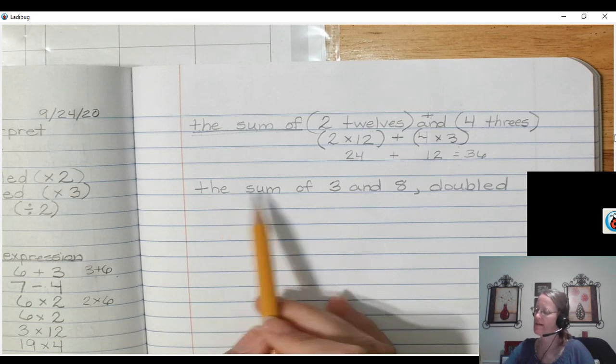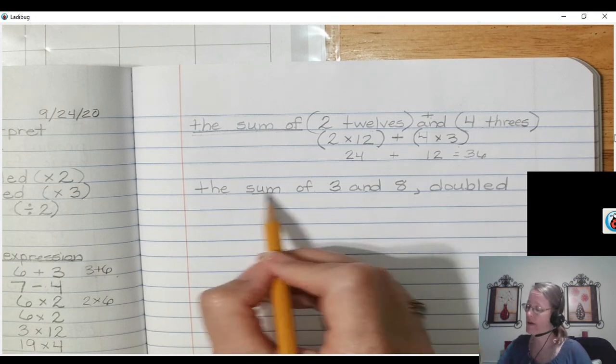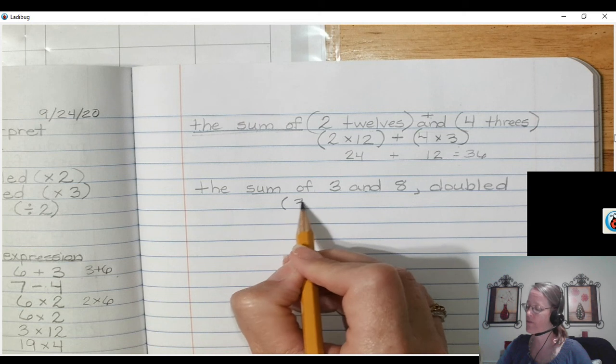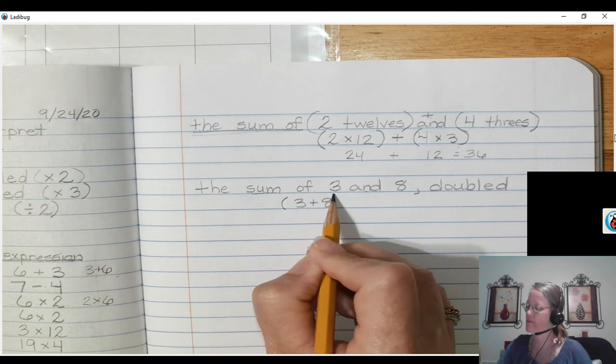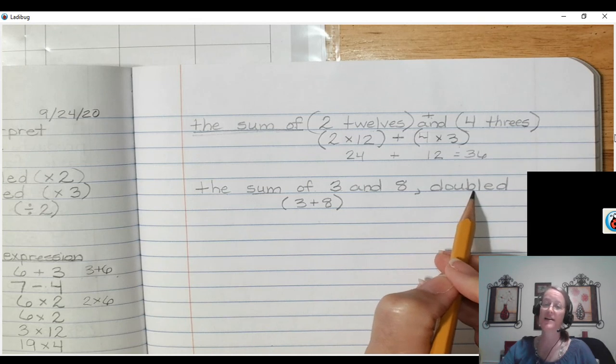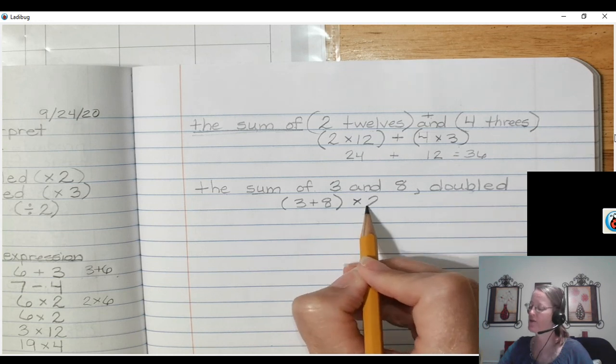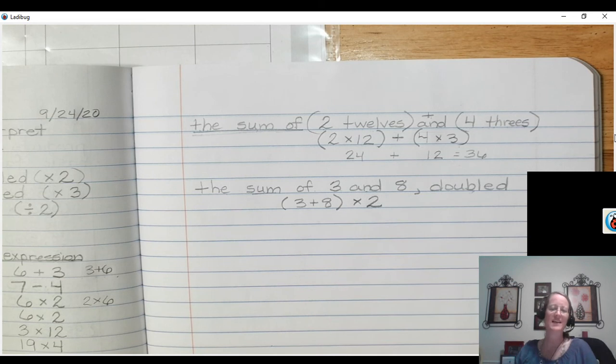So let's find the sum of 3 and 8. How would I write that as a numerical expression? I know I'm going to be adding. So 3 plus 8 is my expression, but then I want that entire sum to be doubled. So I am multiplying it by 2. It's easy as that. So in the next slide, you are going to be doing some more matching.